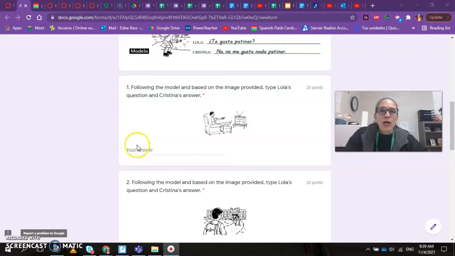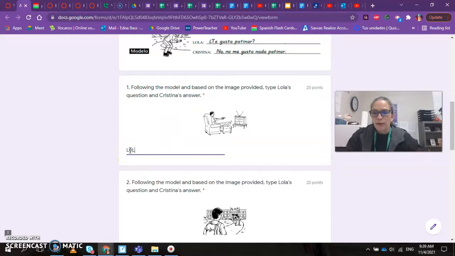So it says, following the model and based on the image provided, type Lola's questions and Christina's answers. So you have to put Lola and then the question. ¿Te gusta, and then whatever you see in the picture. So in this case is ¿te gusta ver la tele?, and then you close the question. Space, and then Cristina is going to answer.